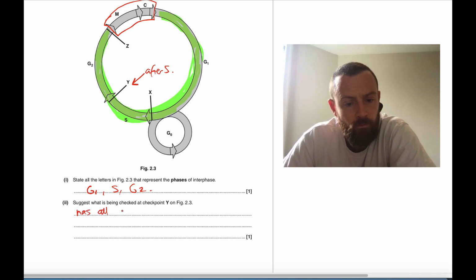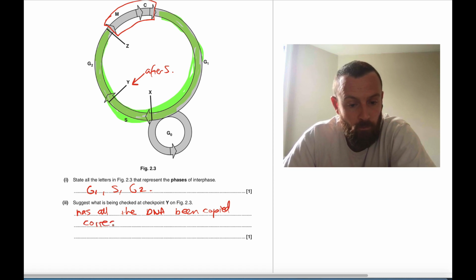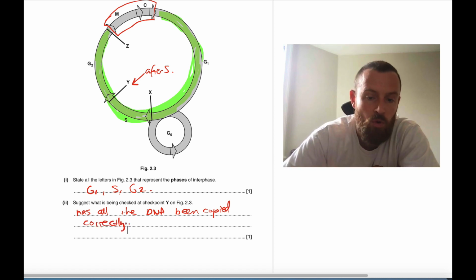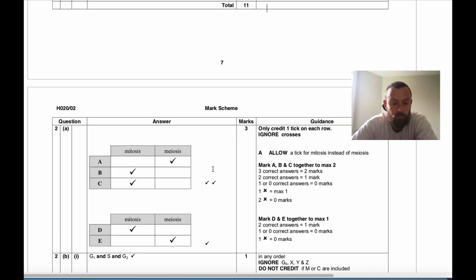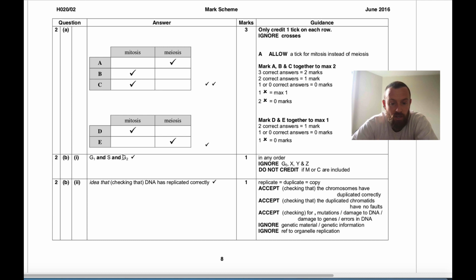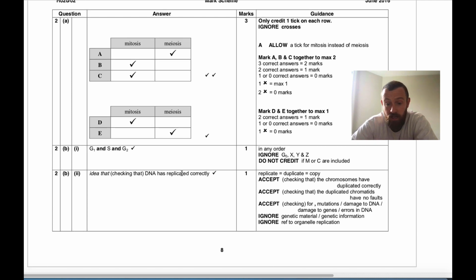Has all the DNA been copied correctly? Okay, let's check that. Let's check 1 and 2. G1, S, and G2. Idea that checking that DNA is replicated correctly. Yeah, good.